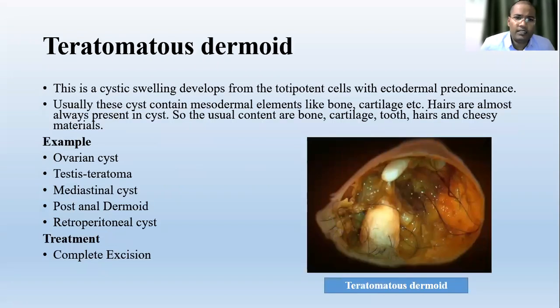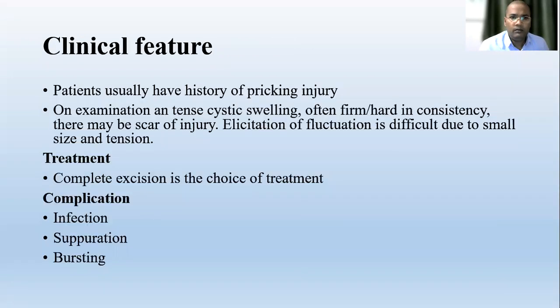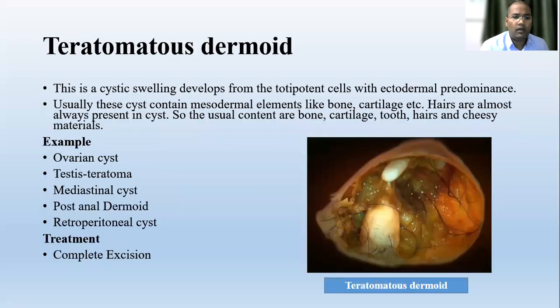Teratomatous dermoid: this is a cystic swelling that develops from totipotent cells with ectodermal predominance. These cells usually contain mesodermal elements. Totipotent cells are the cells which can transform into any kind of tissue in our body.